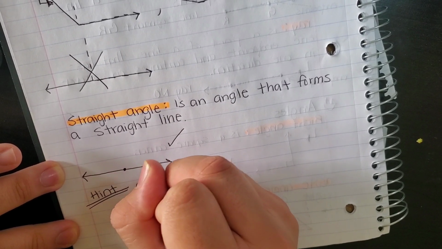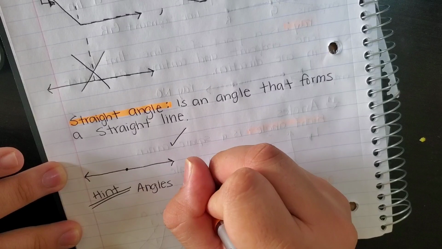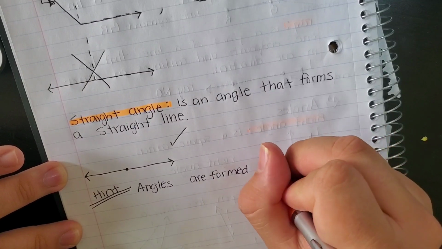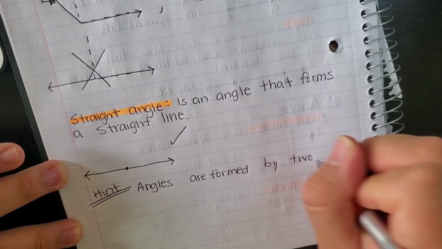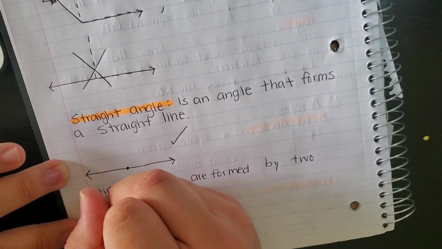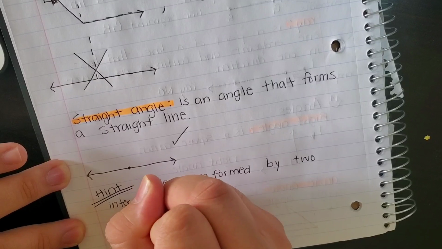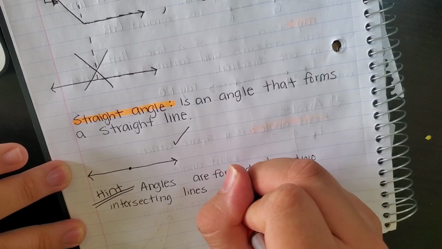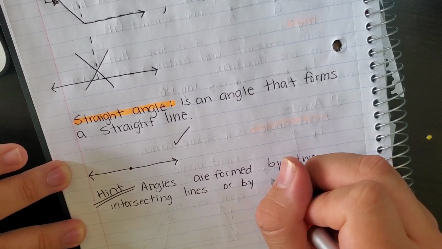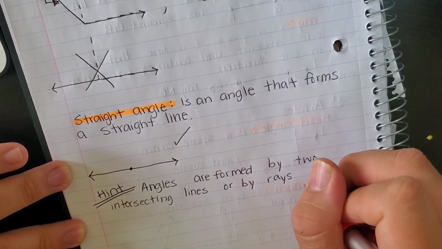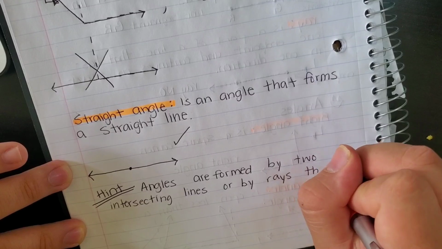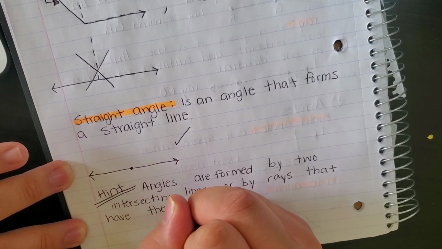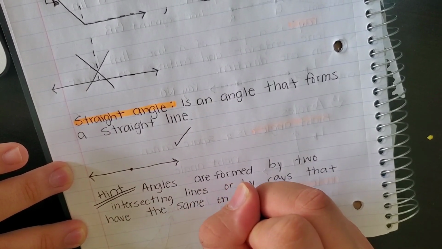Angles are formed by two intersecting lines or by rays that have the same endpoint.